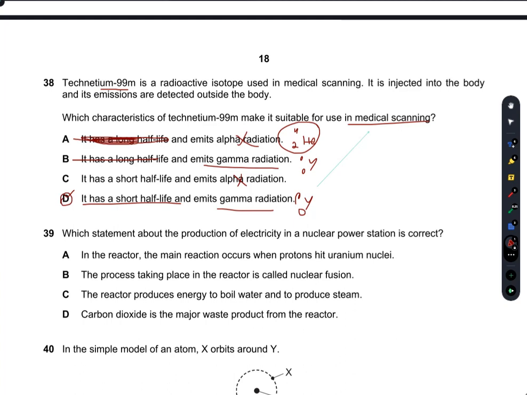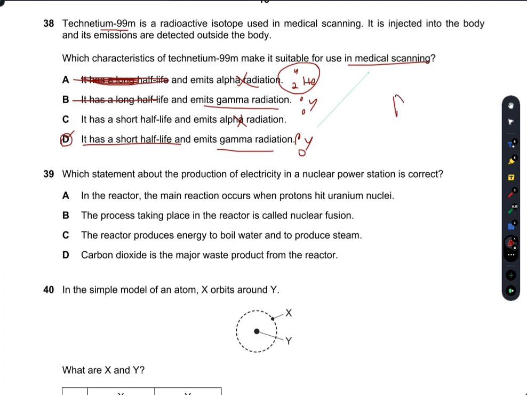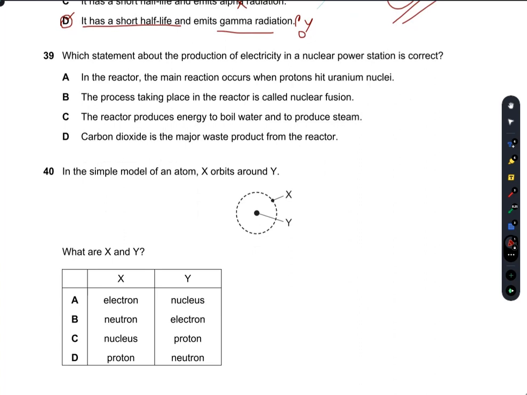Alpha radiations are charged, so they are not suitable for use in medical scanning. So D is the right answer.